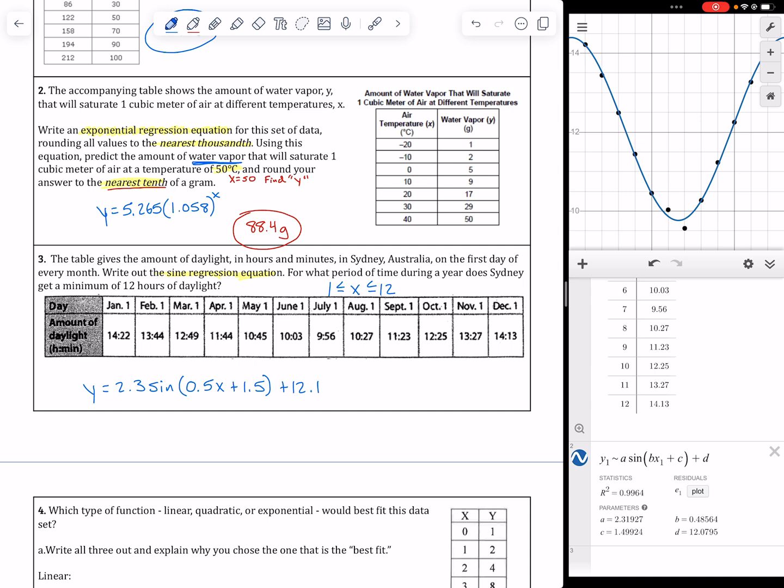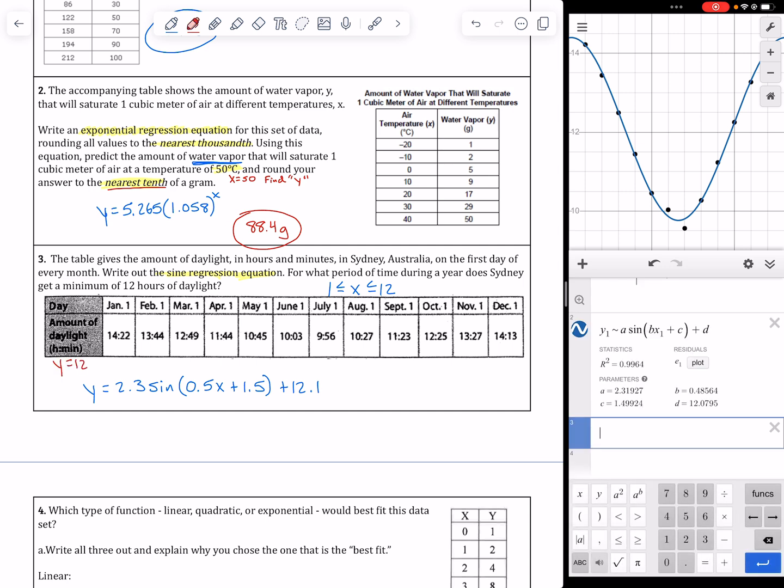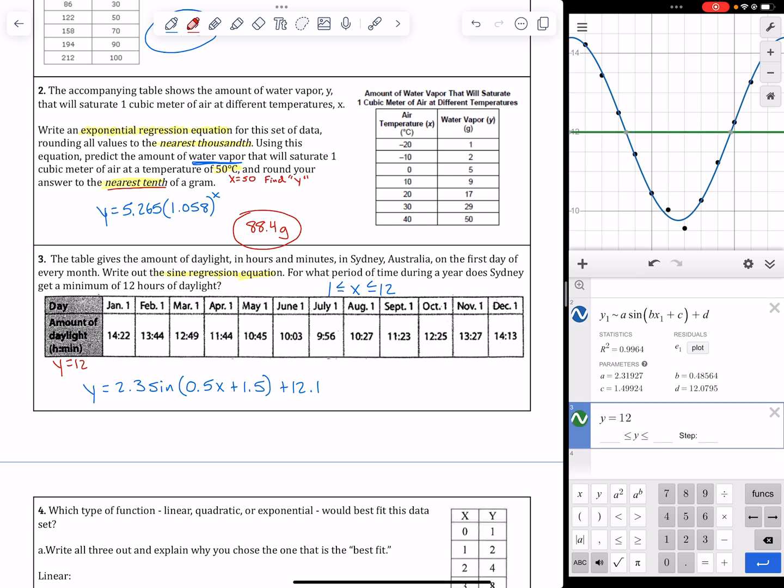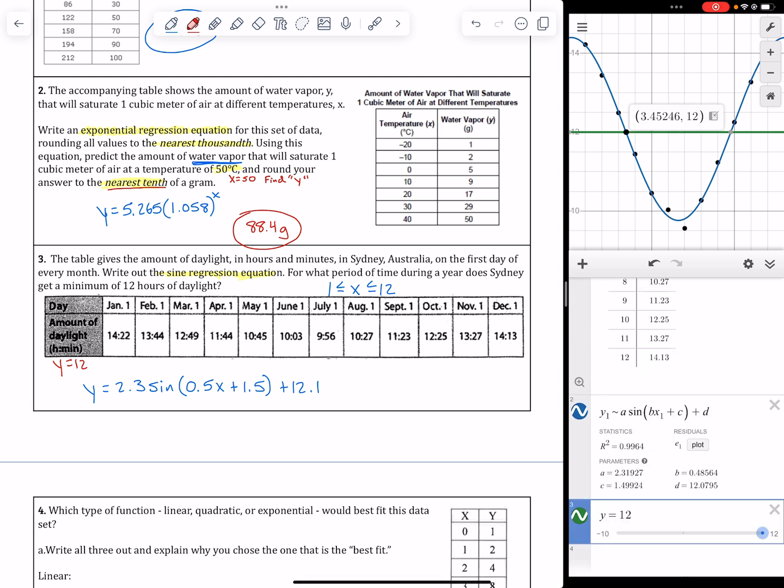For what period of time during a year does Sydney get a minimum of 12 hours of daylight? So 12 is the Y value. So I'm going to type Y equals 12 and take a look at what I can see. So notice it dips below 12 at 3.45, to 9.78.